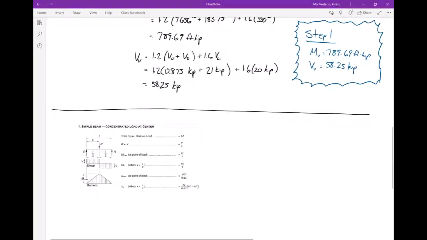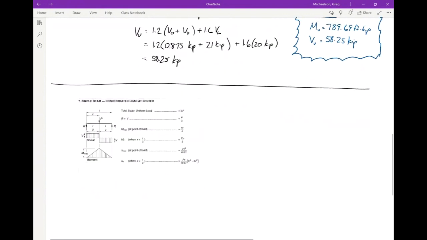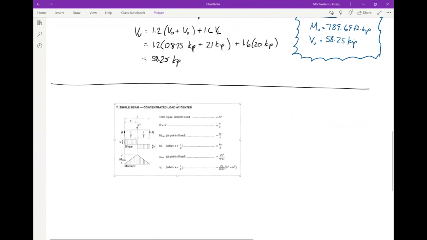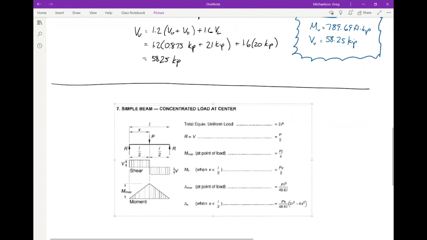Now we're going to look at the deflections. So step 2 is to compute the required IX.